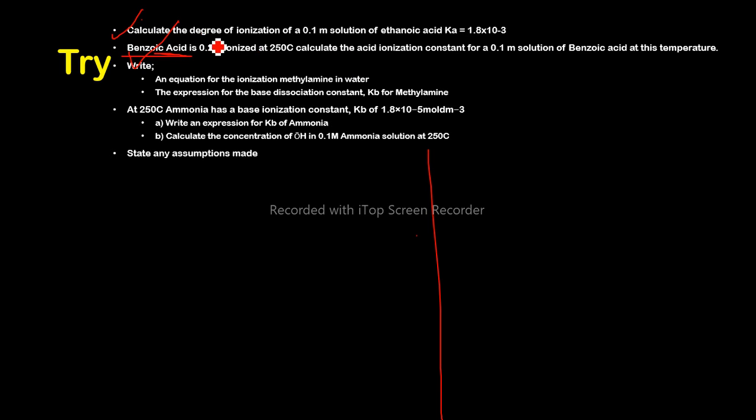Now, the first one wants us to calculate the degree of ionization of a 0.1 molar solution of ethanoic acid. And we have Ka, which is 1.8 times 10 power negative 3 moles per decimeter cubed.